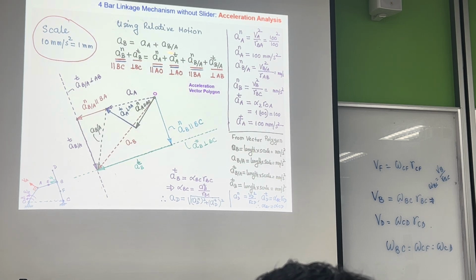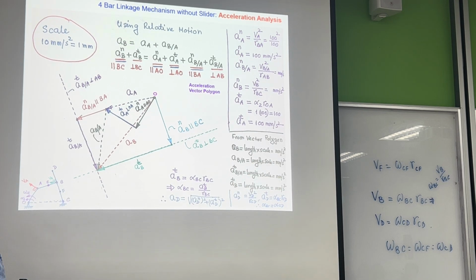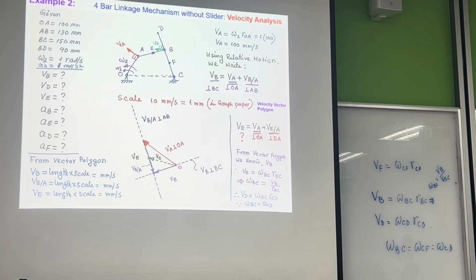And now, look at here. The next parameter is our ABAN, and ABAN is directed from B towards A. Exactly the same process as we did in our little Bible.